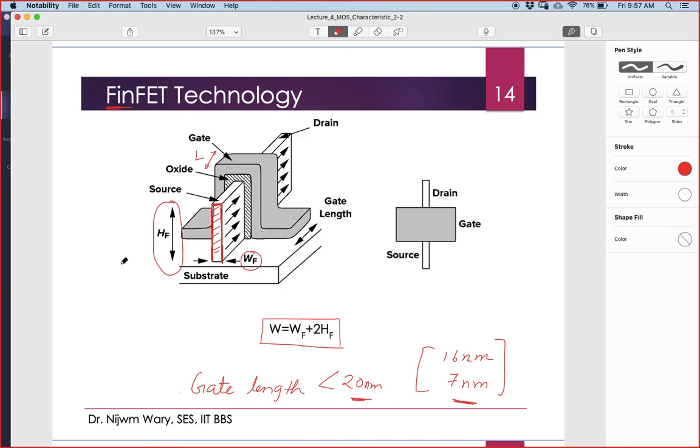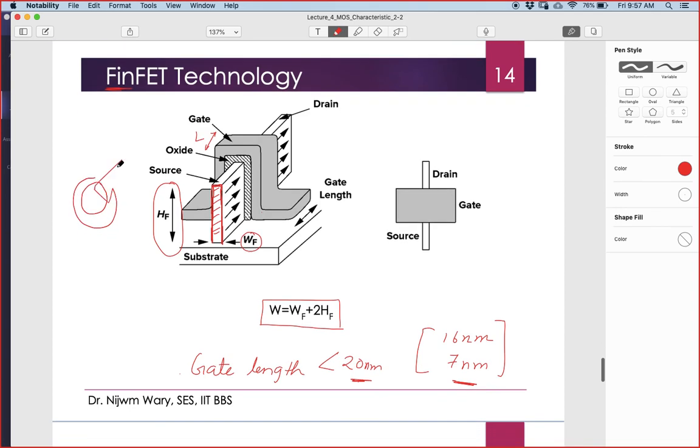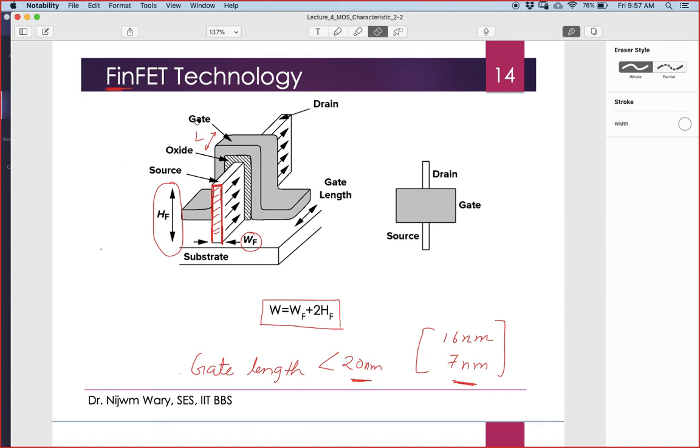In fact, people are even trying to wrap around totally across the channel, so we have the complete perimeter, something like this, right? We have this channel here, and I have my oxide here.